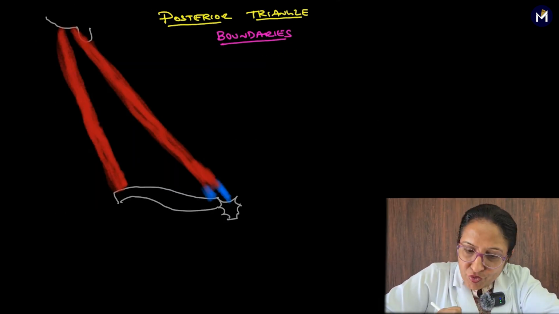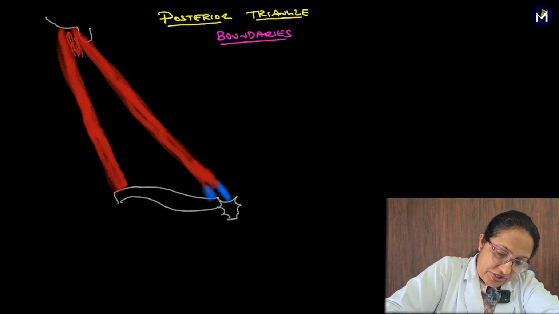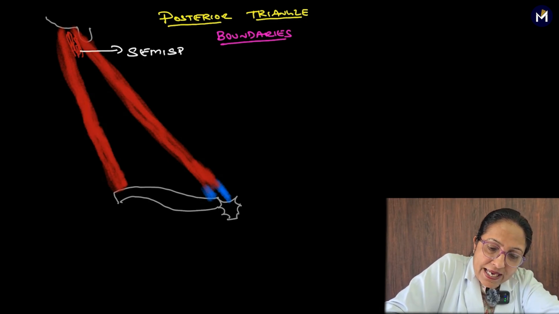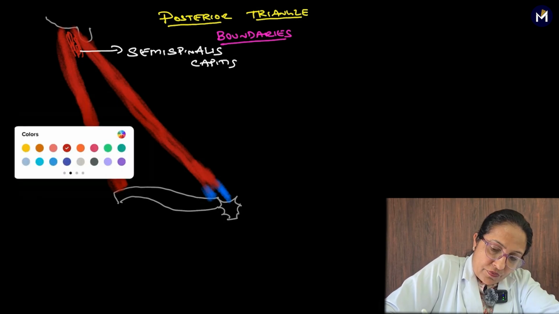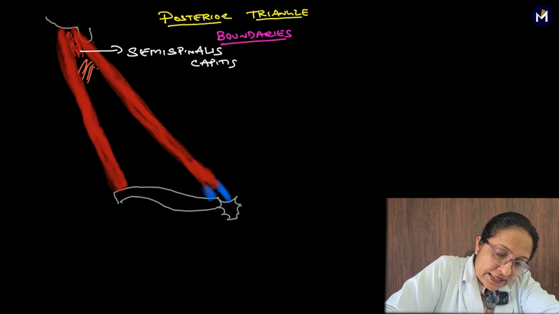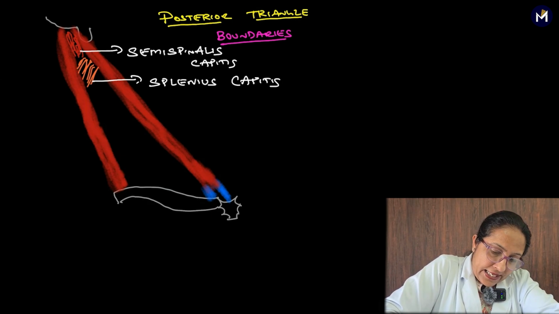Then last, the floor, which is formed partly by Semispinalis capitis here. So label this as Semispinalis capitis. Then Splenius capitis. So we'll draw Splenius capitis here. Label this as Splenius capitis. Then Levator scapulae.